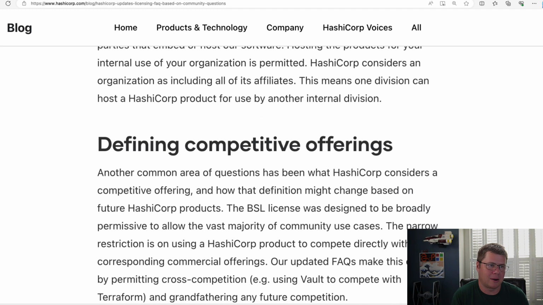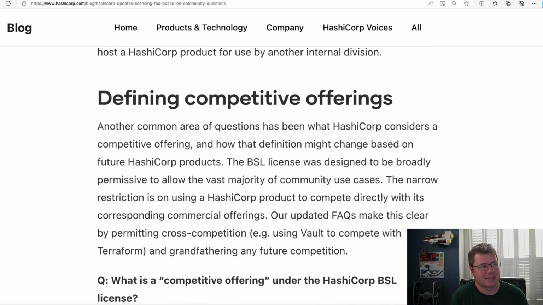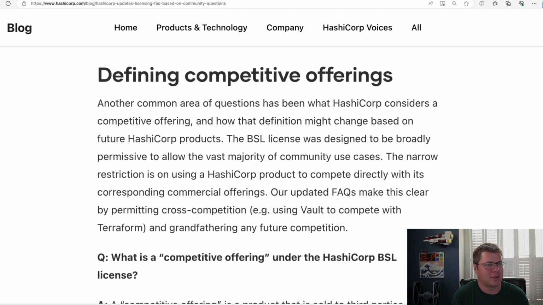Defining competitive offerings. Exciting. This is the one that there were quite a few points of clarity needed on. The BSL license was designed to be broadly permissive to allow the vast majority of community use cases. The narrow restriction is on using a HashiCorp product to compete directly with its corresponding commercial offerings.